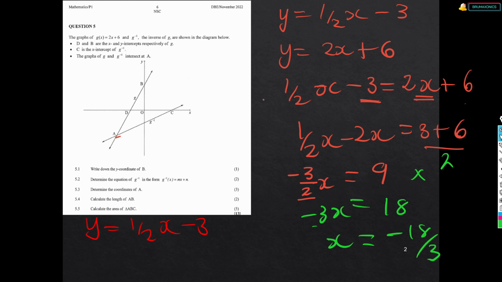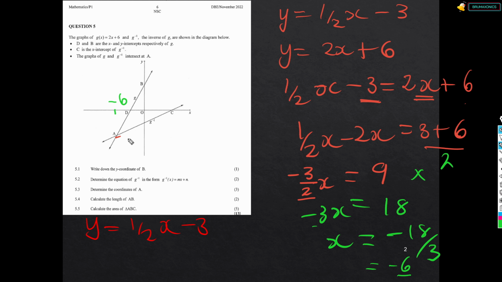So the answer here will definitely be negative 6, right? So it means that x is actually at negative 6 here.